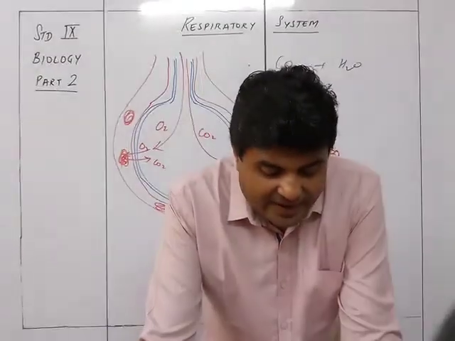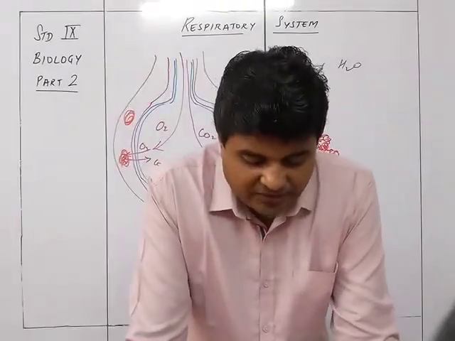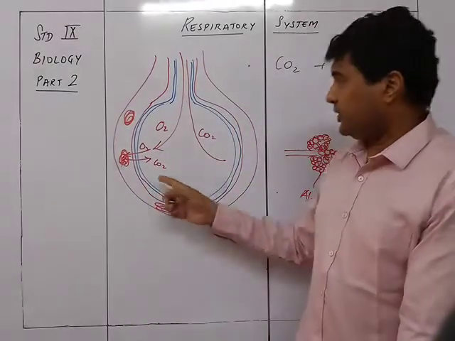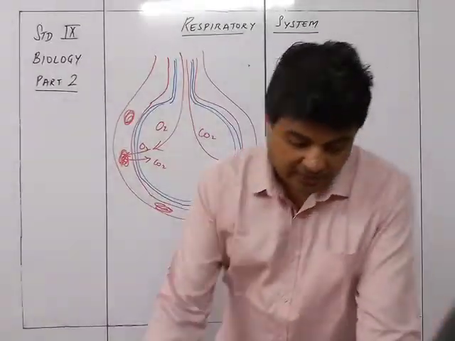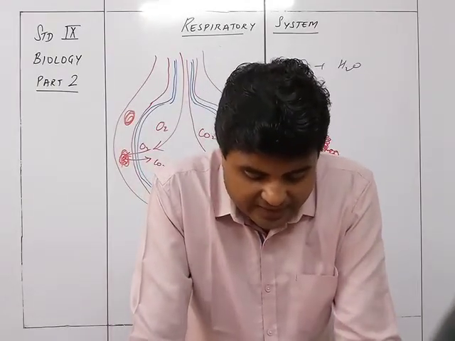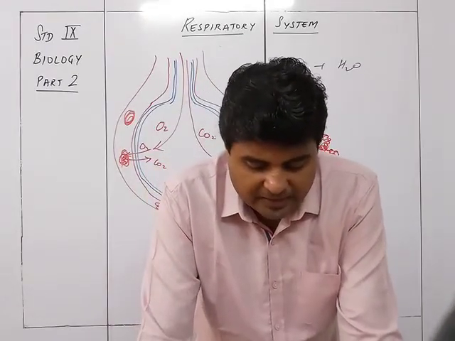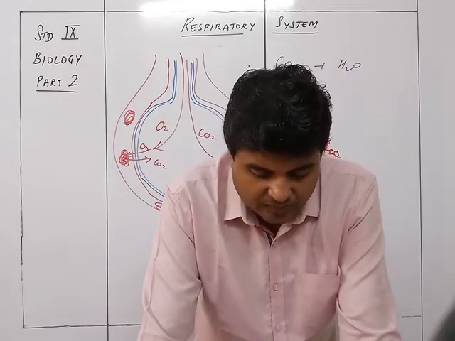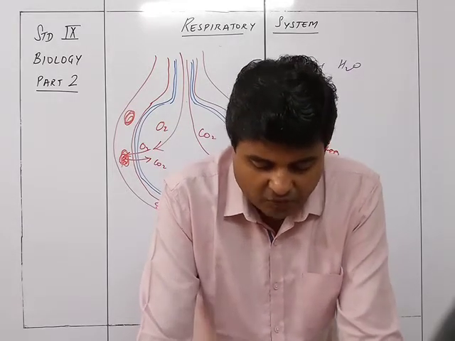Inside the lungs, they divide and redivide several times to ultimately form capillaries around the air sacs. So they are going to form into capillaries around the air sacs. Veins arising from these capillaries join and rejoin to form two main pulmonary veins, from each lung, which pour the oxygenated blood into the left auricle of the heart.